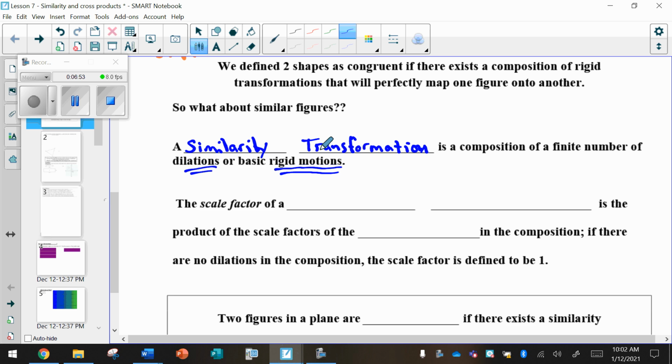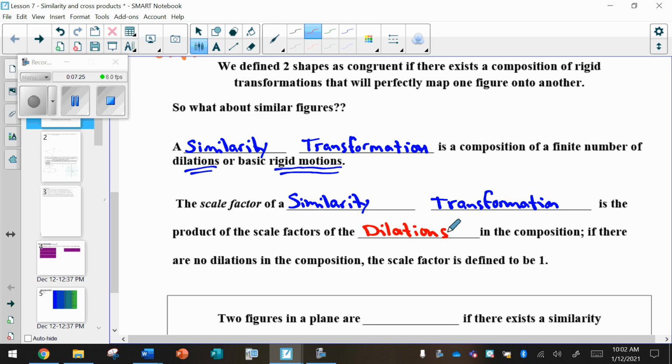When we have a situation where we have a dilation or maybe more than one dilation, the scale factor for this similarity transformation is the product of the scale factors of the individual dilations that occur in the composition.